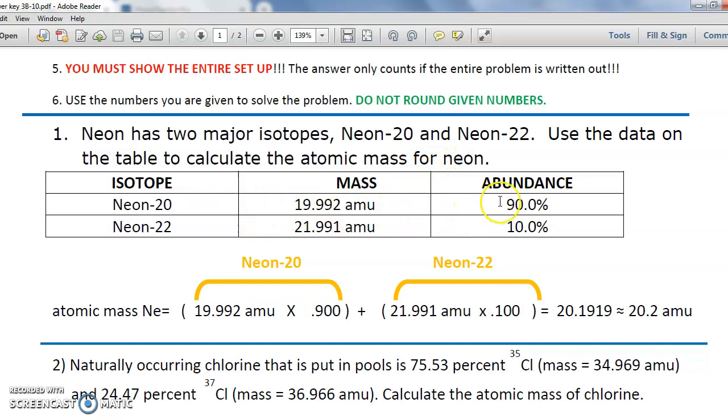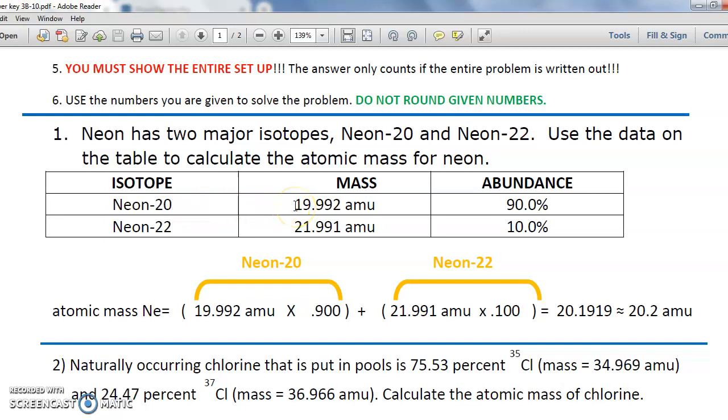Neon 20, 90% of all the neon atoms are neon 20. Its mass is 19.992. Now keep in mind, neon 20 has 20 particles in the nucleus. Each of those particles, the protons and neutrons, have a mass of more than 1 AMU. So we would expect neon 20 to have a mass above 20.